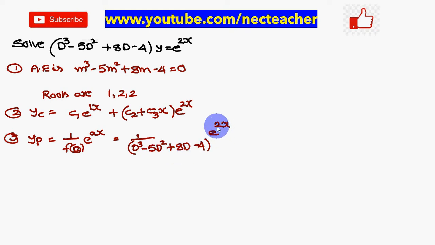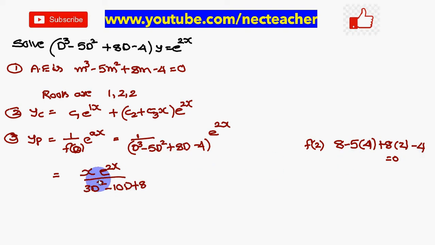The x coefficient is 2. Replace D with 2. What happens? 0. If it is 0, then you multiply the numerator with x and differentiate the denominator: 3D square minus 10D plus 8. Now you substitute 2 in place of D. What happens? Again 0.